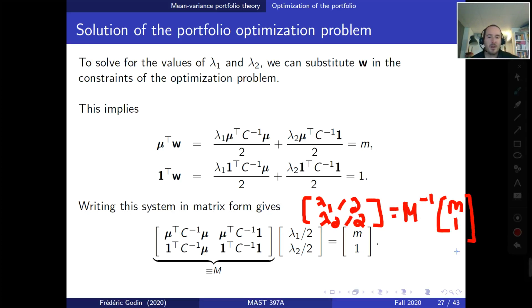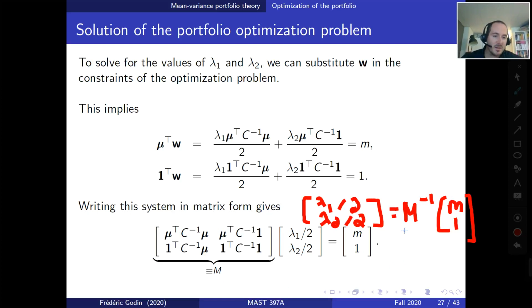At this point, we could just obtain the values of the lambdas through this equation. So in principle, we could say, okay, we're done. But next, instead of just using this way of finding the solution, we're going to solve this system of equations with what we call Cramer's rule, which will give us an explicit representation of the solution.